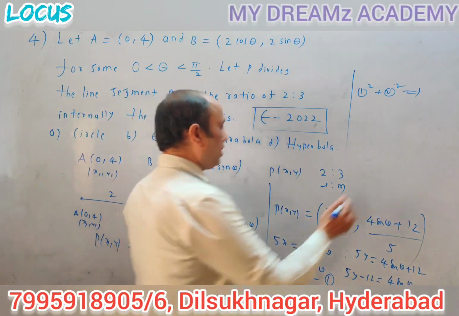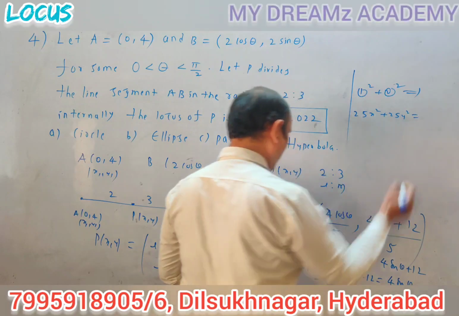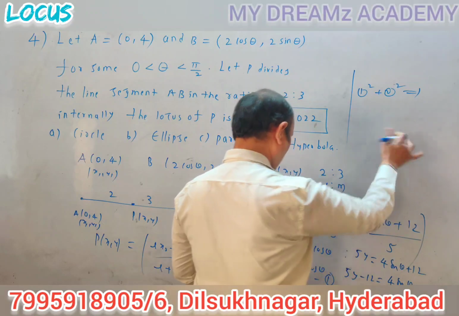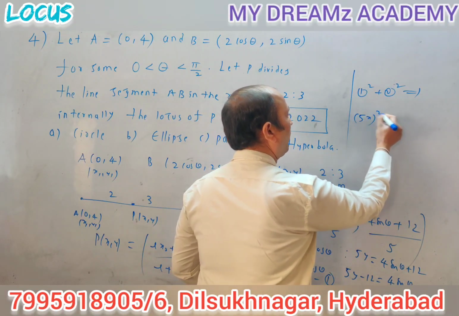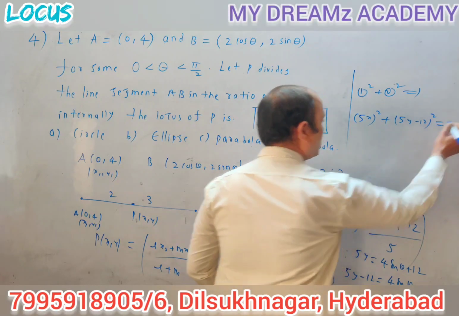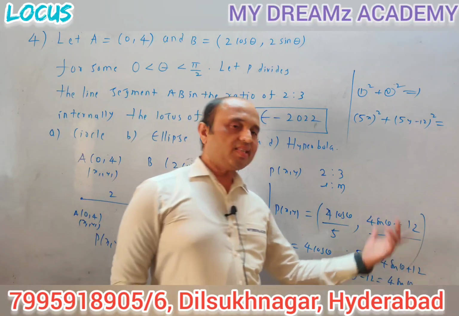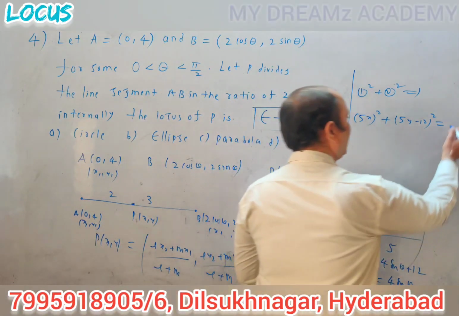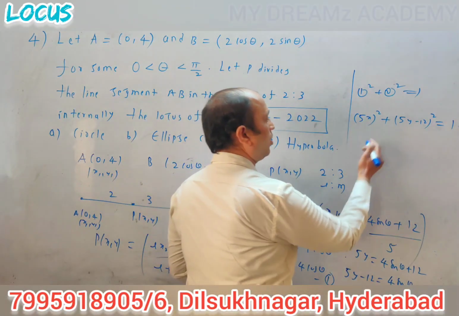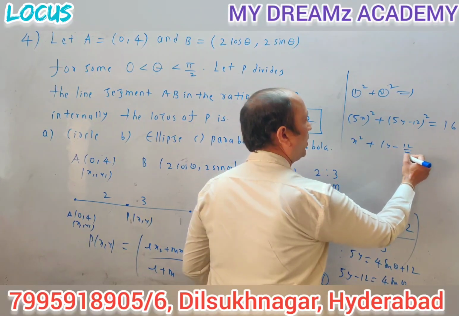We'll get 5x whole square plus (5y minus 12) whole square is equal to 4 square, 16 cos square theta plus 16 sin square theta, that is 16.